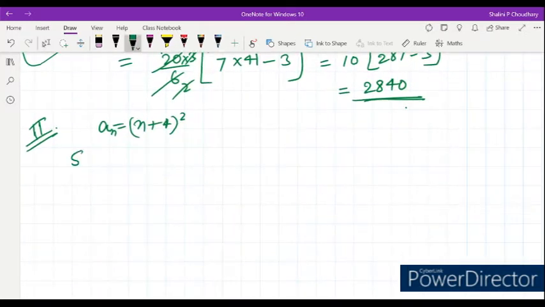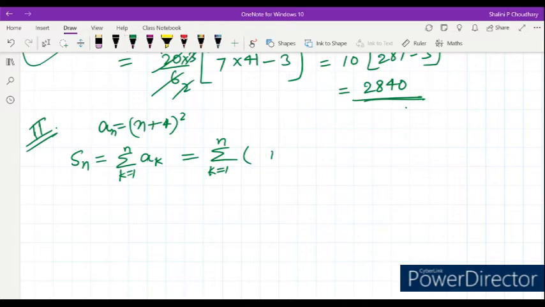So the summation will be summation of k is equal to 1 to n of a k. The value of a k will be k plus 4 whole square.